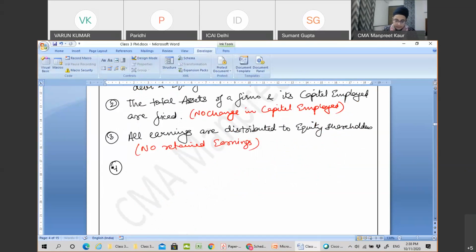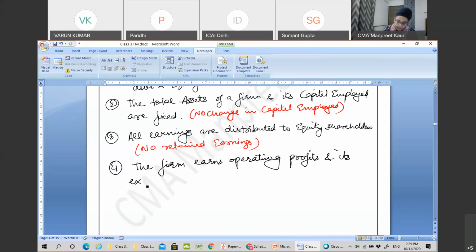Fourth is the firm earns operating profits and it's expected to grow.